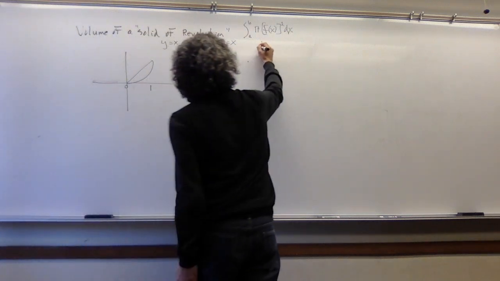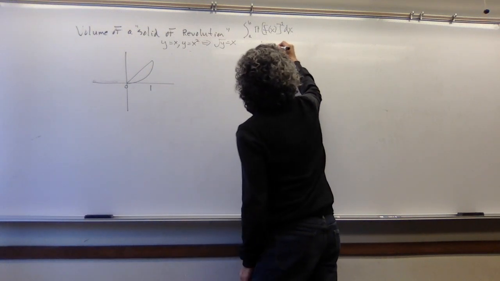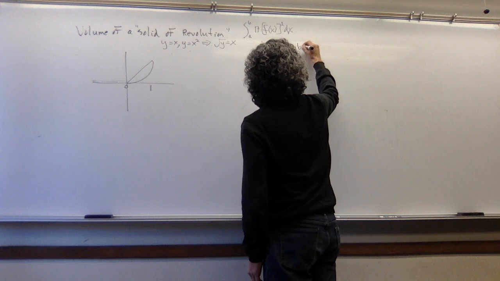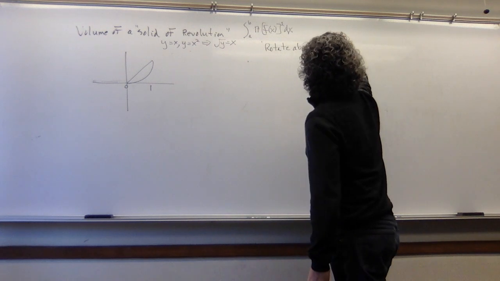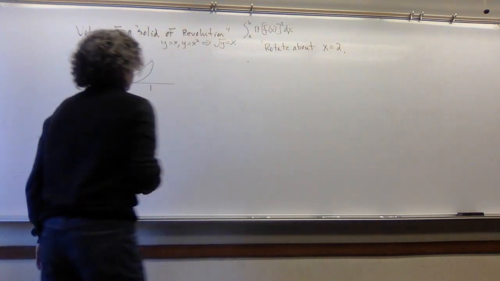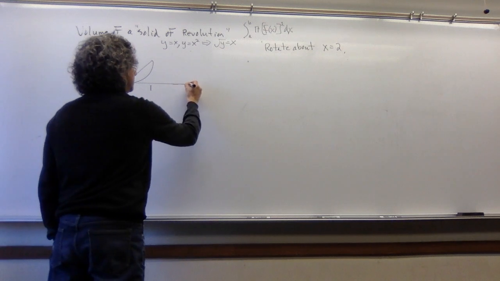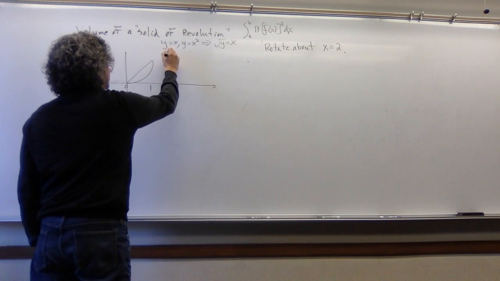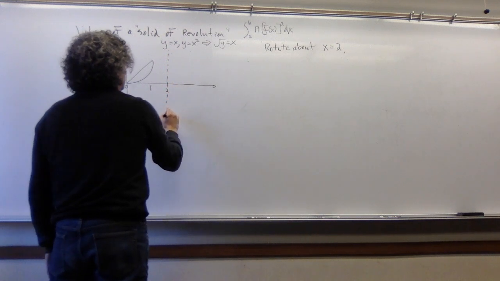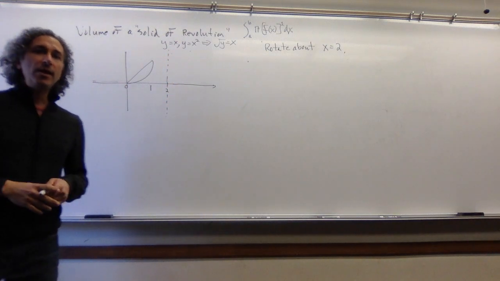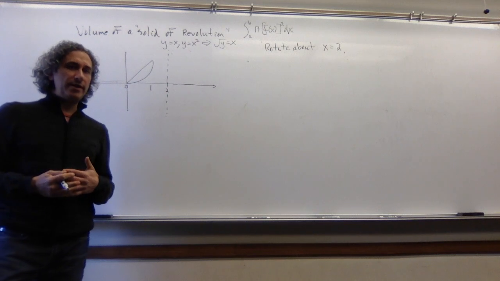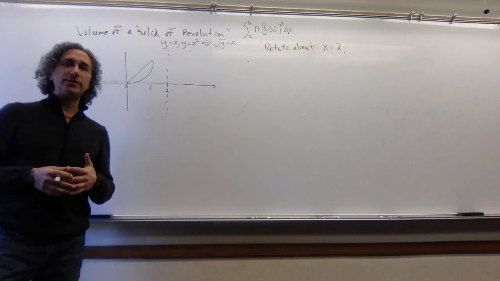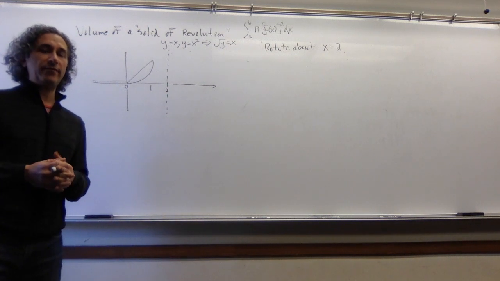Now I want to rotate about the line x equals 2. This is always the most challenging one for students, this rotation out of nowhere. You actually have all the tools to solve it, so I would recommend giving this one a shot, spending a couple minutes trying to solve it.